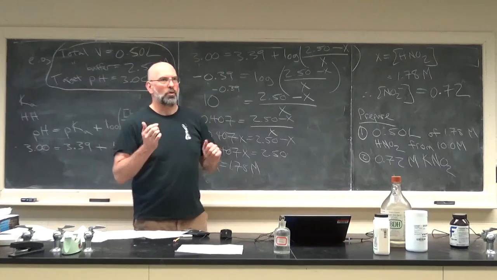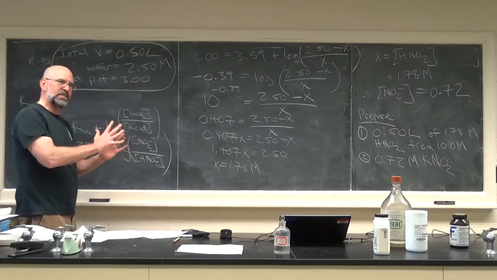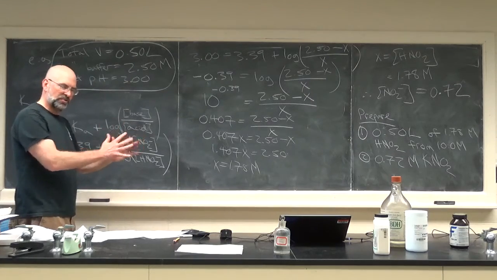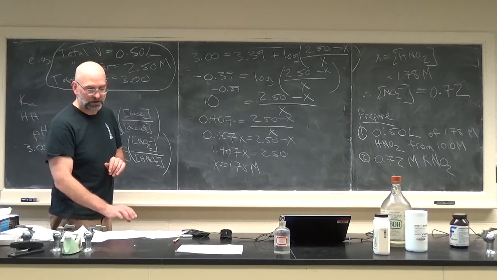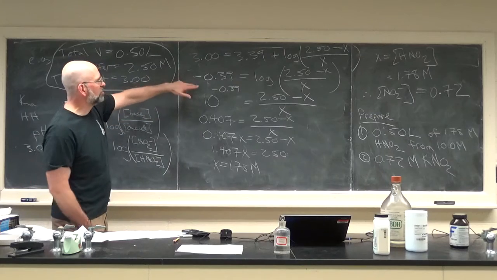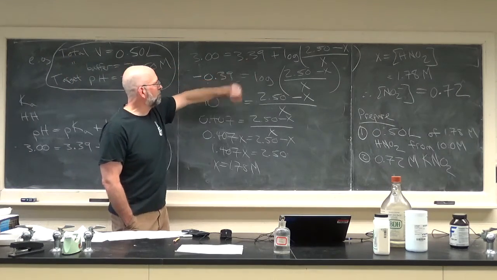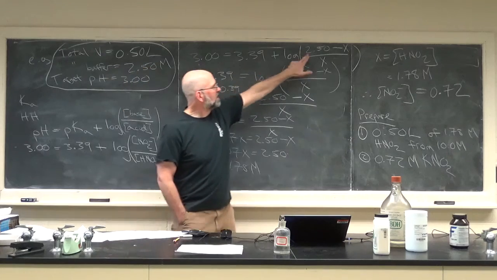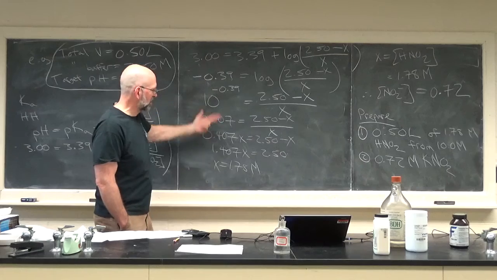Okay, so what you want to be able to do: that pre-lab question number 3, we'll kind of leave that sitting on the side. I'll leave this as optional, you can go through the calculations for that part here. But this is how you do it. You'll be given a target pH, you'll determine appropriate pKa, you'll be given a total buffer volume, and you'll set the problem up very much like this.